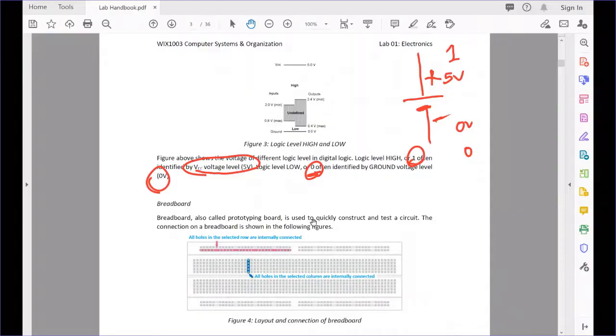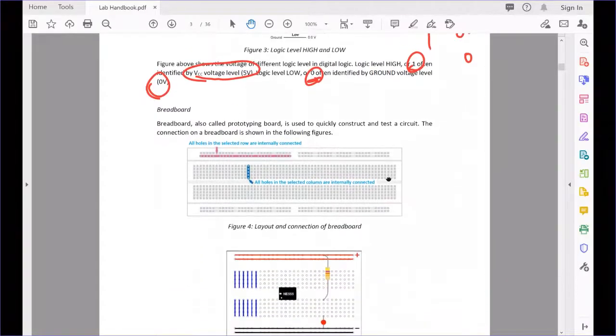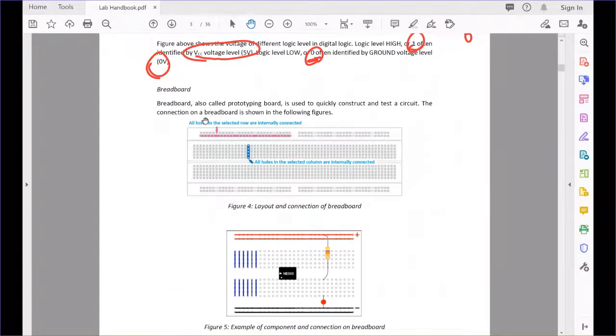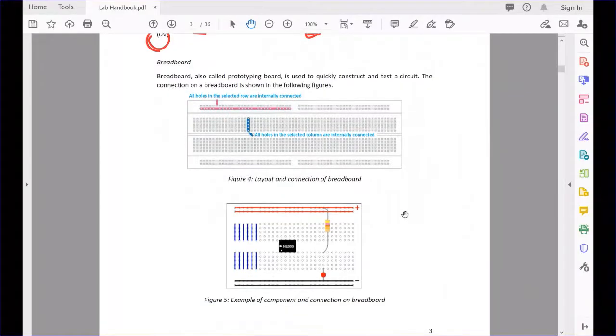Okay, then in our labs we are going to use the breadboard to build our circuitry. To be familiar with the breadboard, you need to know that there's a horizontal dot row, this one, and also the vertical line here. Basically they are all 5 holes in one line.